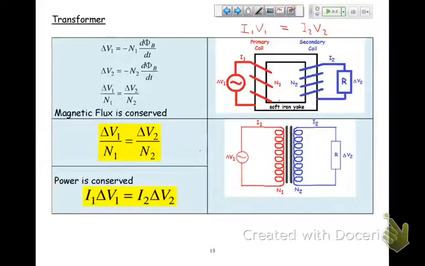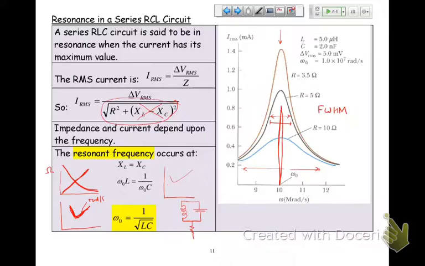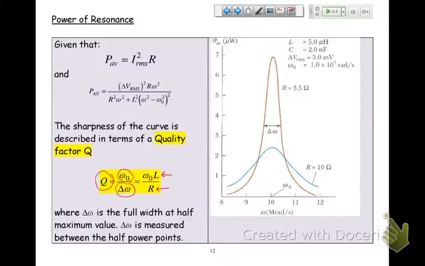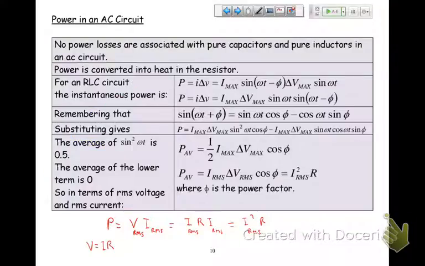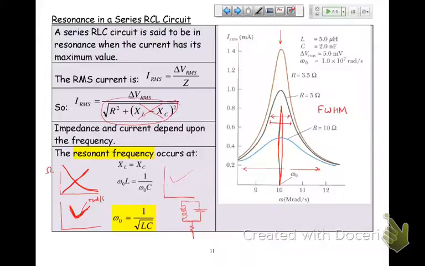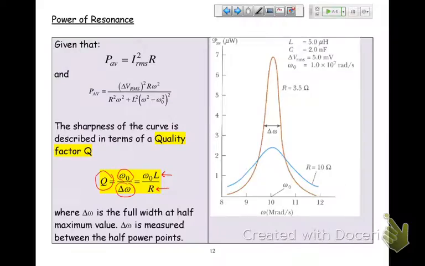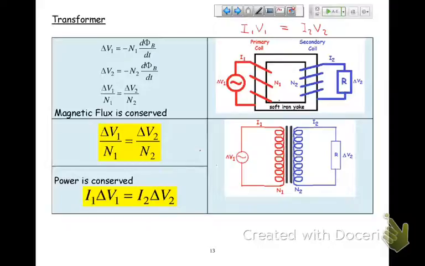If you think about it, we kind of just said, did I say it? Did I skip it or did I say it there? I said it down here, didn't I? Power equals I squared R. And I say it again there. Power equals I squared R. What does that mean? That means that your heating effect, power dissipated, goes with the current squared.